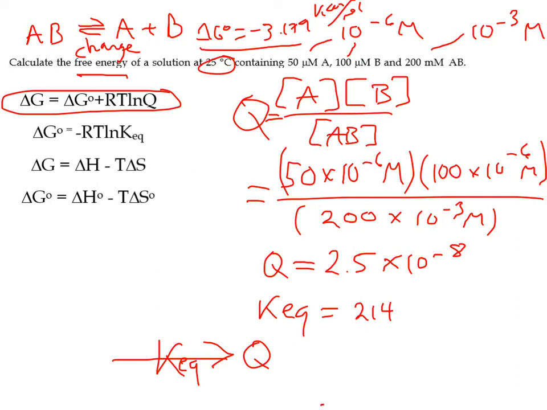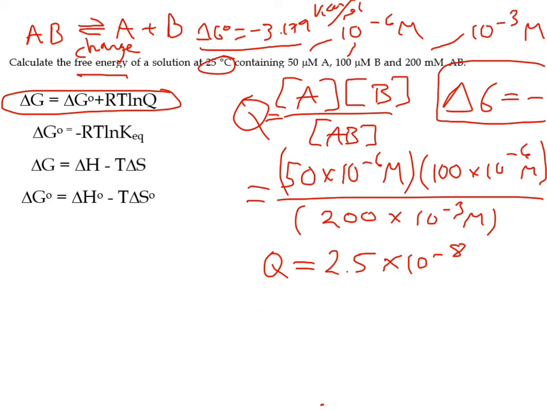Delta G should be what? Delta G should be negative. So that's our prediction. Now let's see if that comes out right. I'm going to erase a little bit of this. Let's start plugging in. Delta G, what we're trying to solve, is equal to delta G naught, negative 3.179, plus R. Which one do we want to use here? What's our unit? Well, this is in kcals per mole.